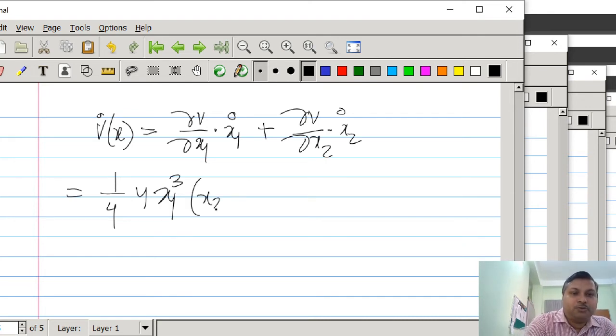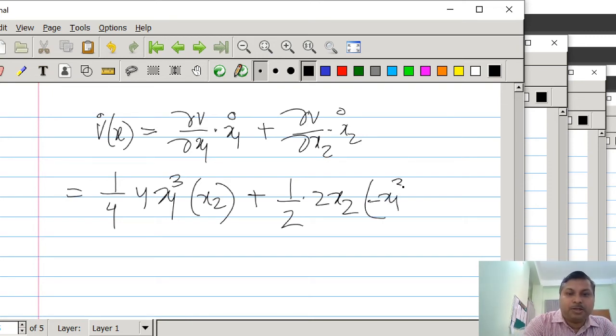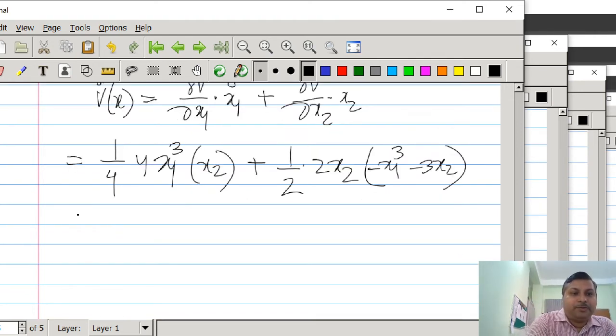That is x2, fine, plus del V by del x2, which will be half into 2 into x2, and x2 dot is minus x1 cube minus 3 x2. If you simplify, this 1/4 and 4 cancel, this 2 and this 2 cancel out, and now you find that it is x1 cube x2.